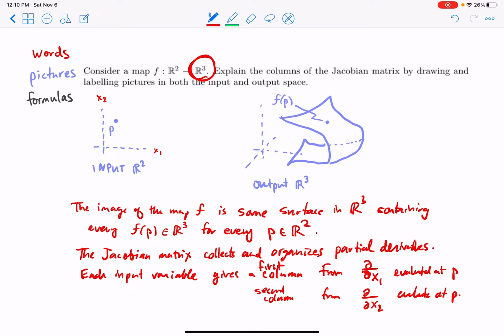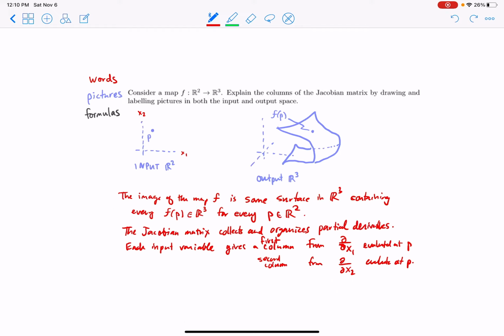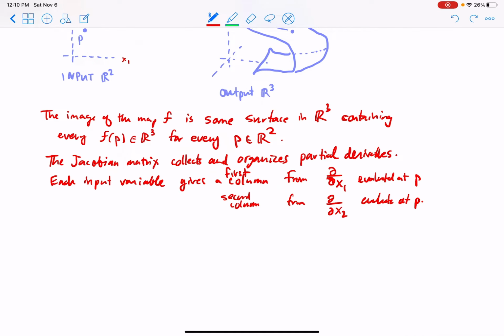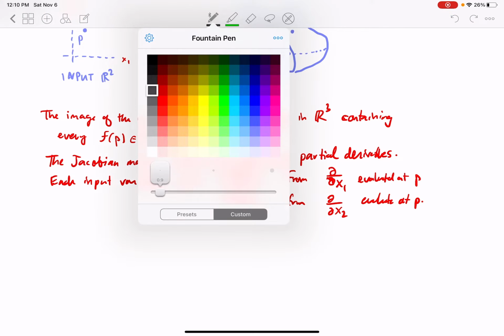And each of those three formulas, we can take the partial with respect to the first variable, and that gives us the three elements of a column vector in R3, the output space.